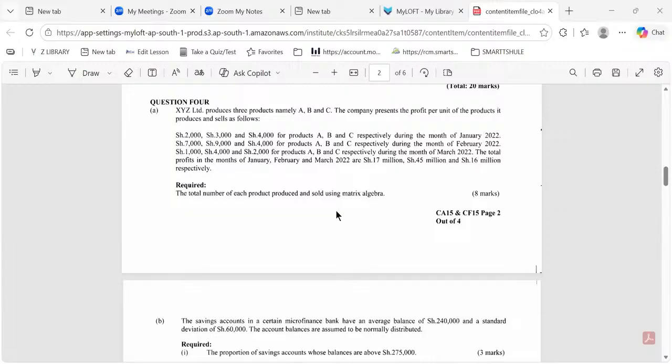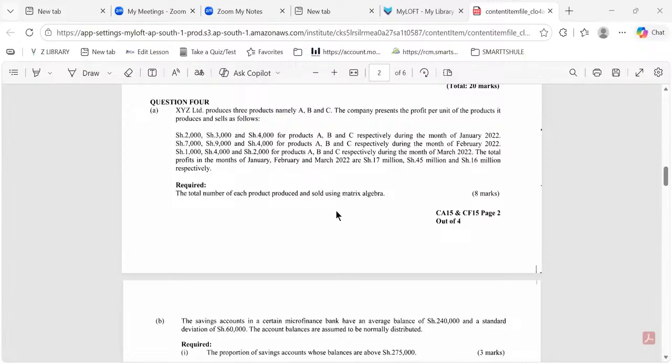Good. What you need to understand there is that the selling price is 2,000, 3,000, 4,000. What we don't have is the number of these products, the units of product A, units of B, units of C. That is what we are lacking in that question, and that's what we need to solve right away.